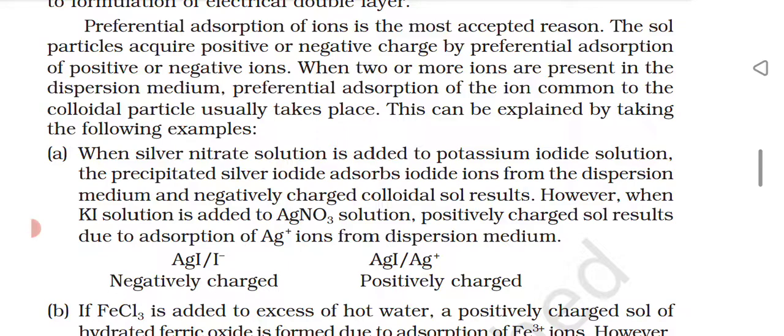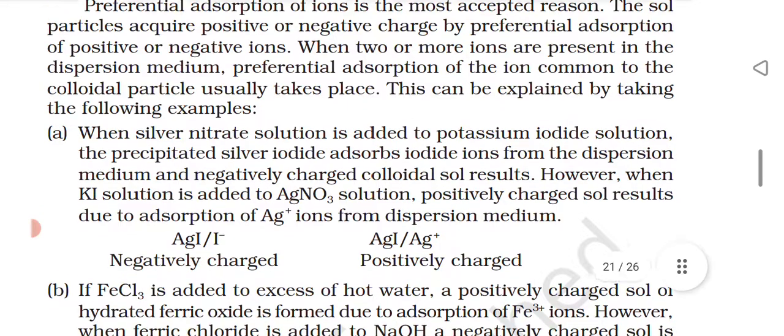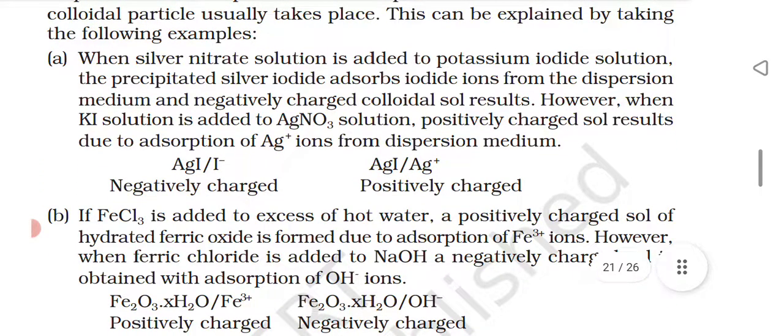When two or more ions are present in the dispersion medium, preferential adsorption of the ion common to the colloidal particles usually takes place. This can be explained by taking the following examples. When silver nitrate solution is added to potassium iodide solution, the precipitated silver iodide adsorbs iodide ions from the dispersion medium and a negatively charged colloidal sol results.